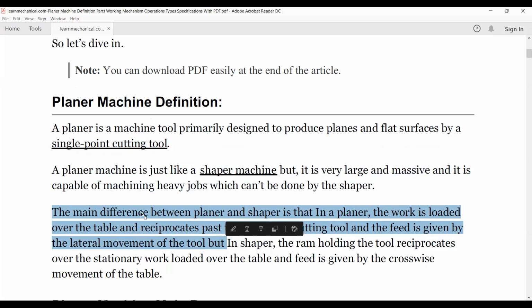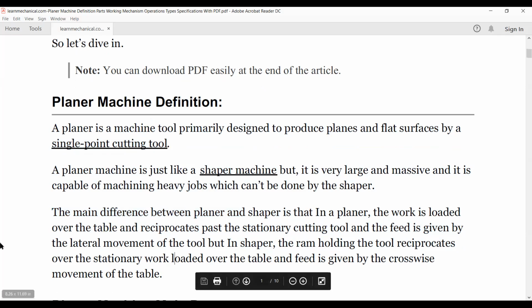In the case of the shaper, the cutting tool is in motion and the workpiece is stationary, but in the case of the planer, the workpiece is in motion and the cutting tool is stationary. That is the major difference between the planer and the shaper.